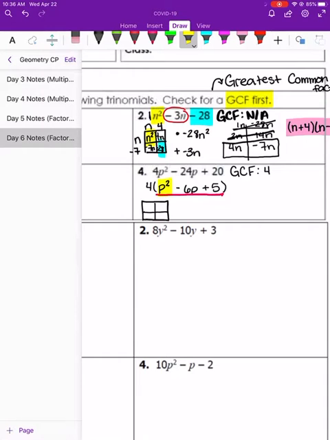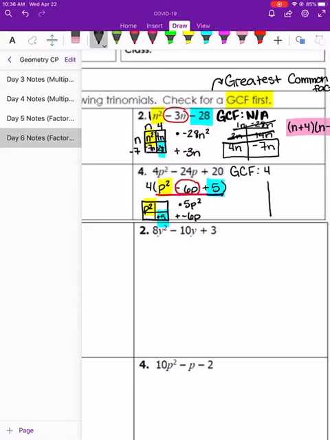So again, p squared and 5. I want to multiply to 5p squared, and I want to add to this negative 6p.